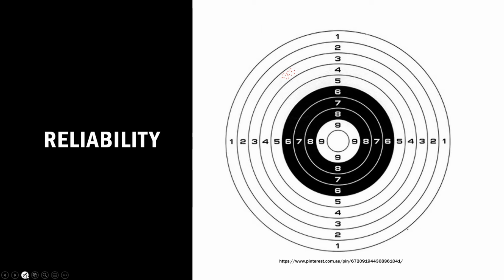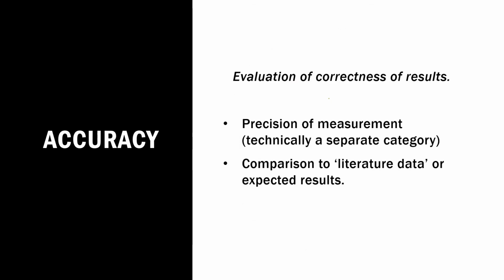Thus, this would be considered a reliable set of data. However, with my dots in green, what we can see is we're hitting in the same general area, but these dots really aren't consistent at all. And so what we would say is that these dots would be considered to be an unreliable set of data.